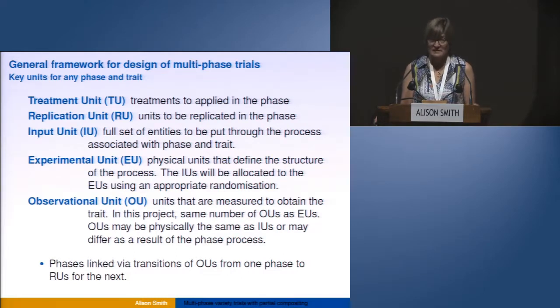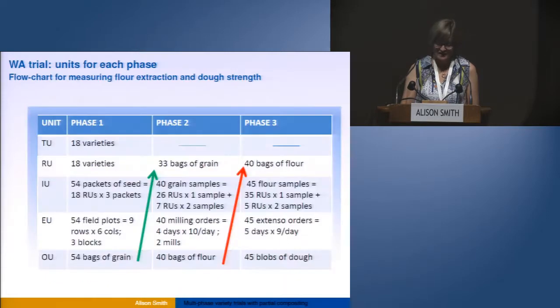And the phases are linked via transitions from the observational units from one phase through to the replication units for the next. Now, just to get your head around what that jargon means, it's probably easier to look at this in the context of our example.